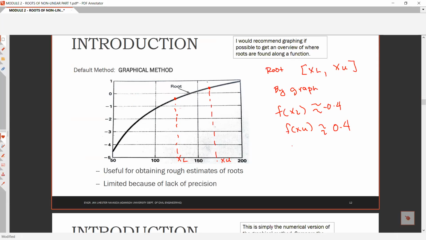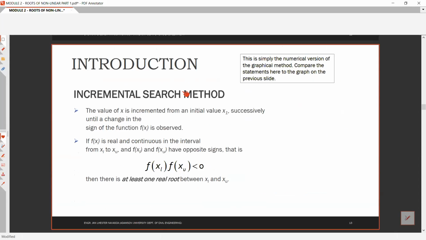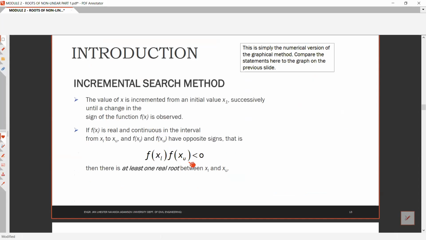Pag pinag-multiply mo siya, you have the negative number, di ba? Okay? So a product mo kapag negative number, yung boundary, so we can conclude that in that boundary, meron kang one real root. Okay? Any questions for that? So ito, helpful to for pag magagawa kayo ng program. Okay? So yun, yung f of xl multiplied by f of xu, kapag negative, then there is at least one real root between xl and xu. Okay?